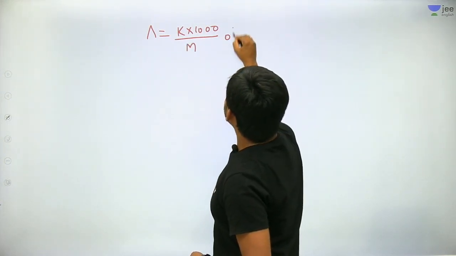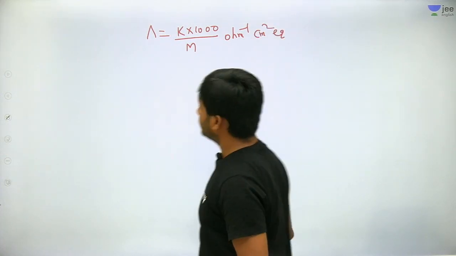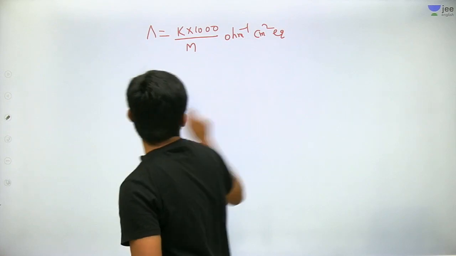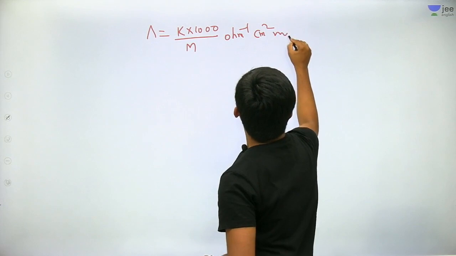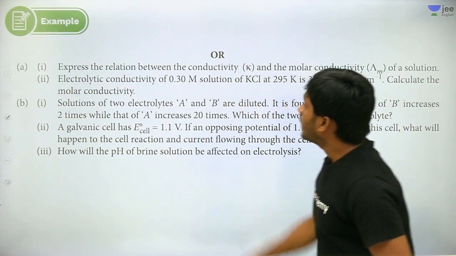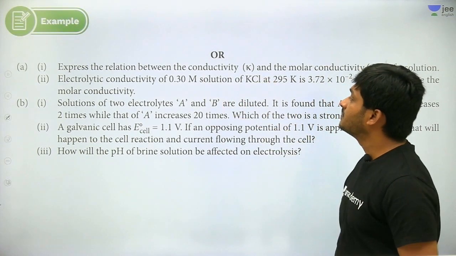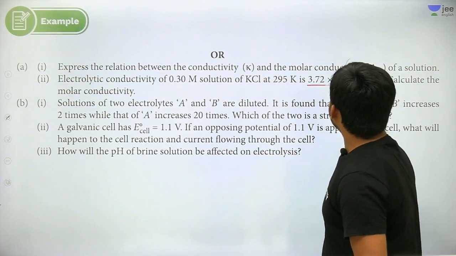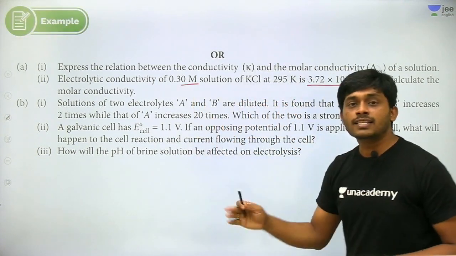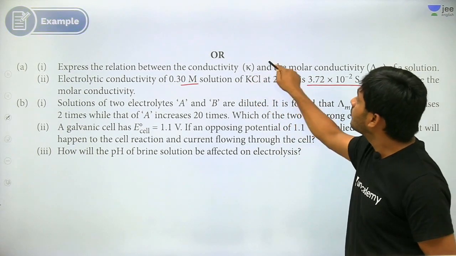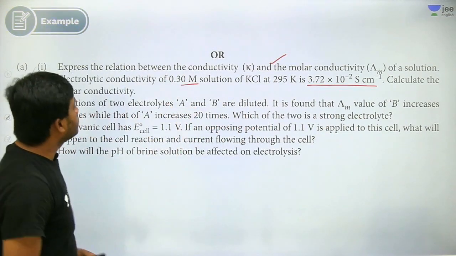The units are centimeter square per mole, with molarity in moles. Electrolytic conductivity of this solution is given. Calculate the molar conductivity. That means K value is given, molarity is given. What is molar conductivity? Direct. If we know the formula, it is directly substitution of values.